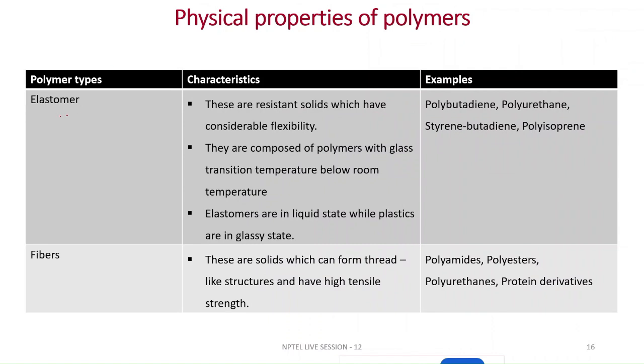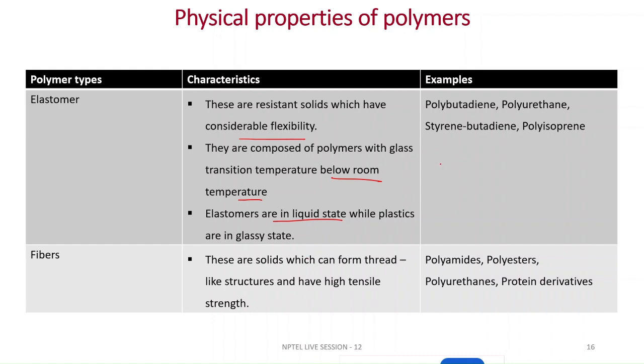Third one is elastomer. These are resilient solids which have considerable flexibility. They are composed of polymers with glass transition temperature below room temperature. That's why elastomers stay in a liquid state, whereas plastics like thermoplastics and thermosetting plastics are in the glassy state.